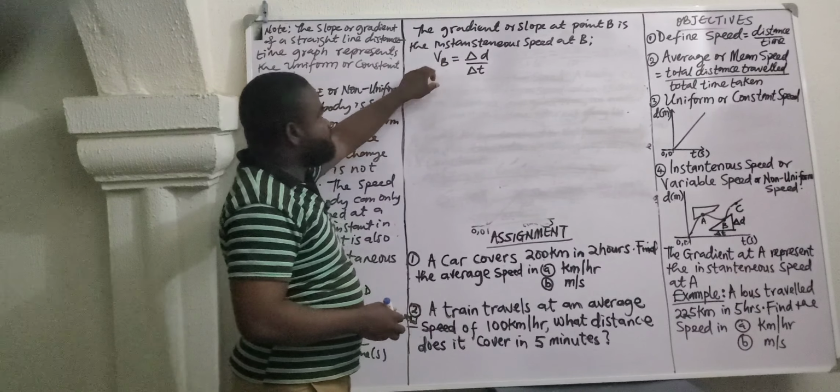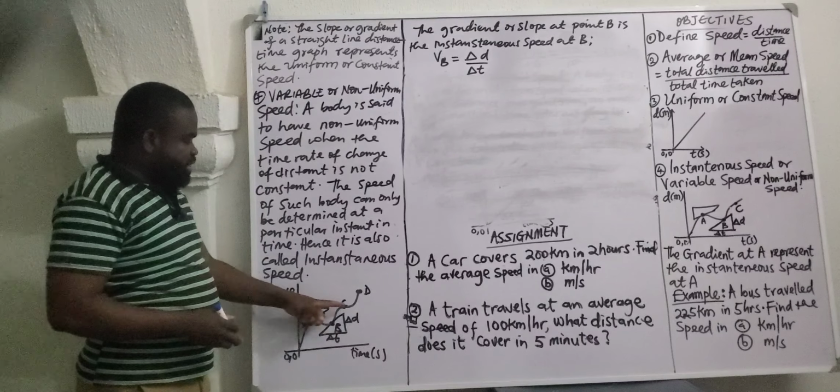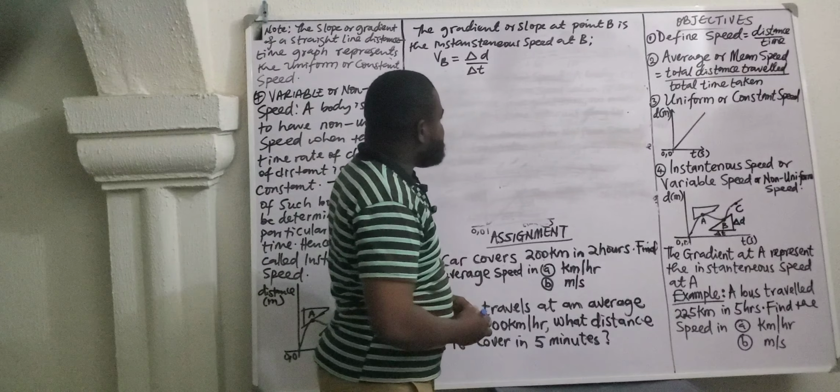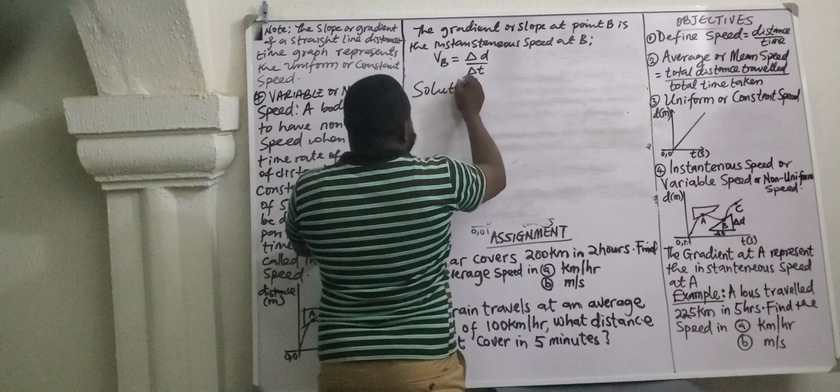Instantaneous speed at B. I can also obtain this instantaneous speed at A, at C, at D using similar what? Formula. Now let's take the solution to the example that we have.